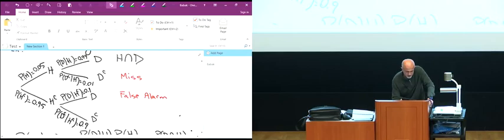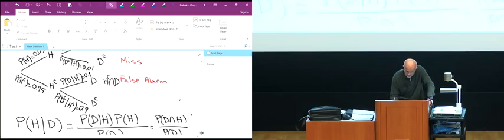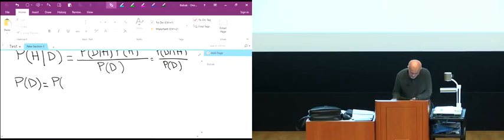H and D, and the probability of H complement and D. Again, law of total probability. So this is the probability of D and H plus the probability of D and not H.